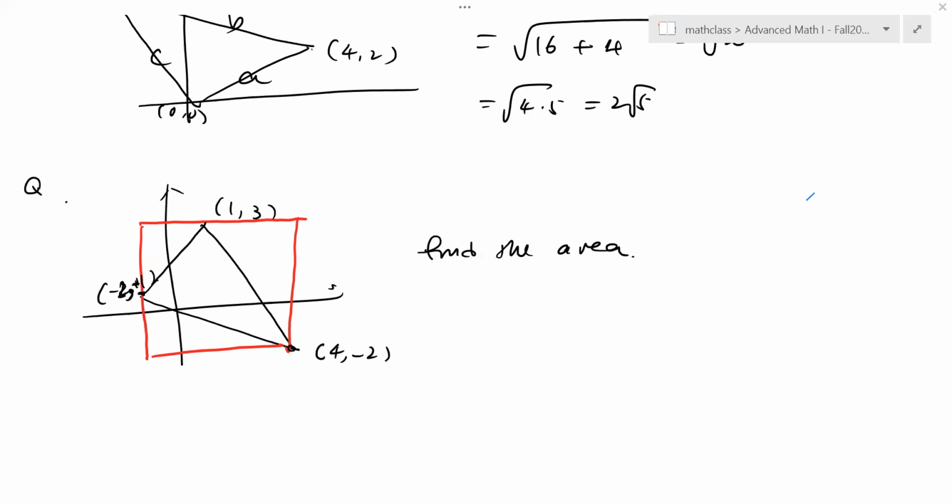Be careful when you figure out the edge length of the rectangle which contains the triangle. So I get three different answers. This is not a difficult problem, just be careful. Everybody should work on that.